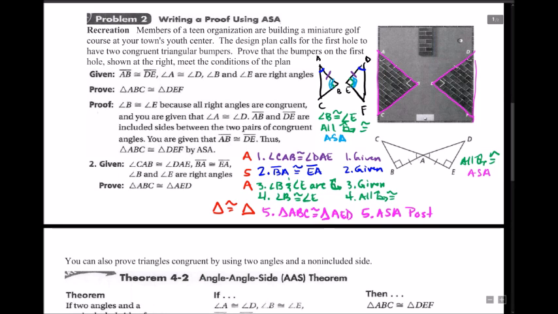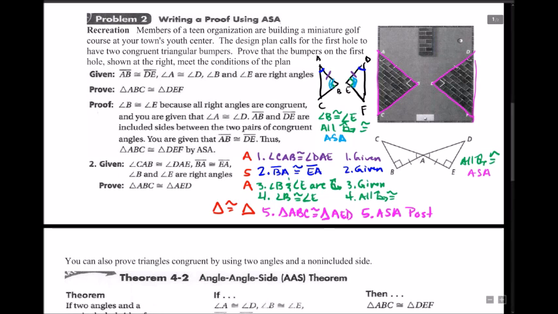Okay, you should have seen that you were given your two triangles here, and as you look it over, you see that you're probably going to use angle side angle. We have one pair of congruent angles, one pair of congruent sides, and a pair of right angles. So anytime you see right angles, you know that all right angles are congruent.